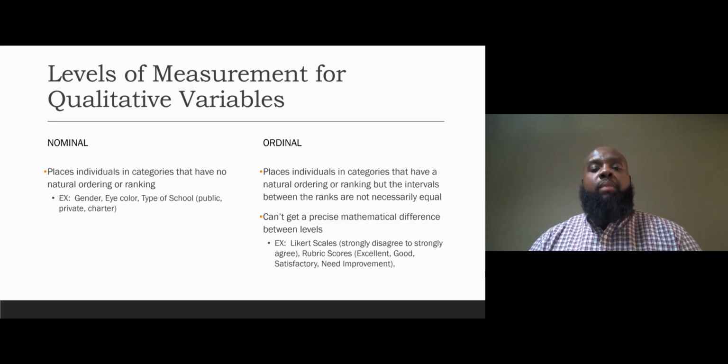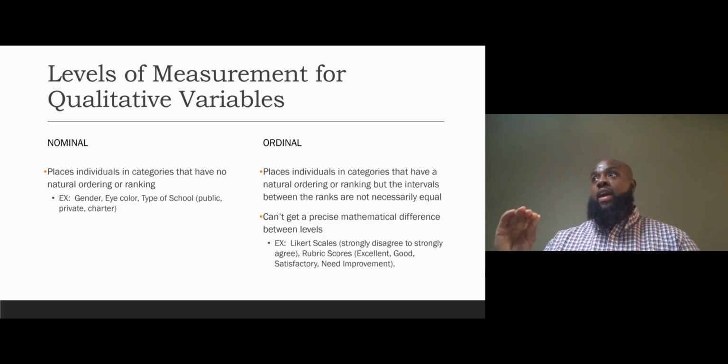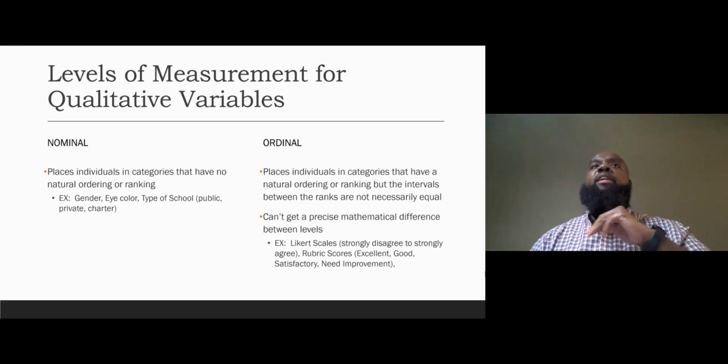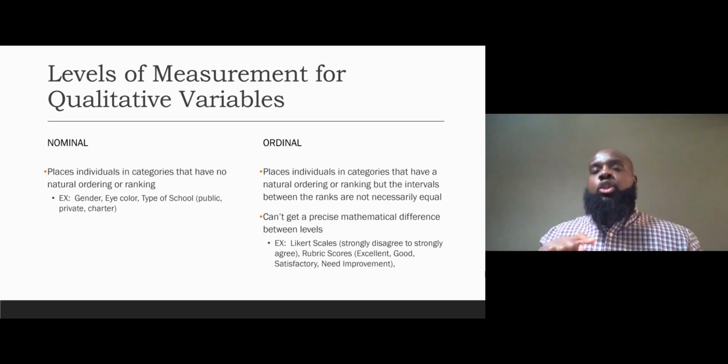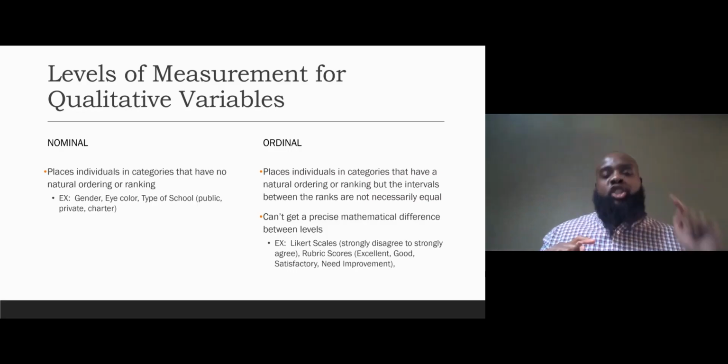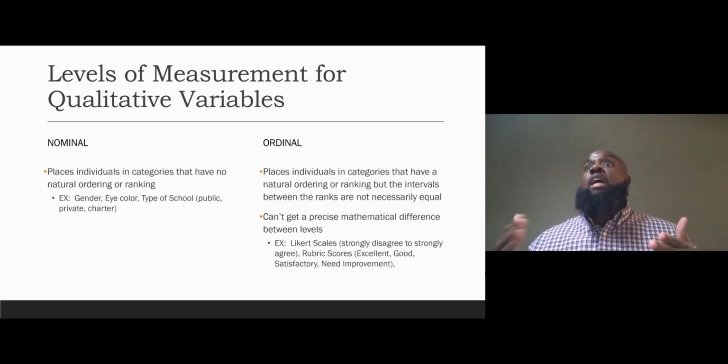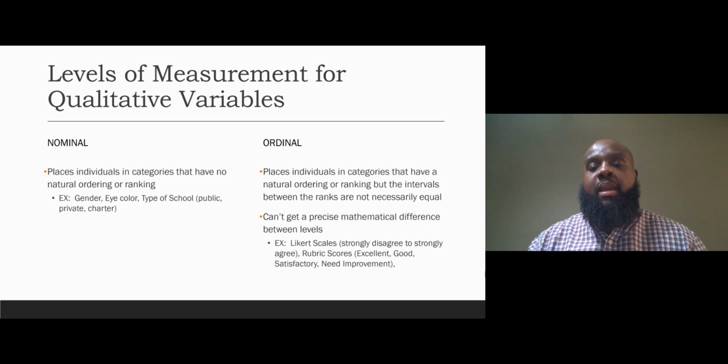All right. So I'll start by saying one of the examples is your Likert scales, right? If I go to a survey and they may have a prompt, and for me to respond by selecting either that I strongly disagree, disagree, agree, or strongly agree with whatever statement or prompt was placed in front of me, right?